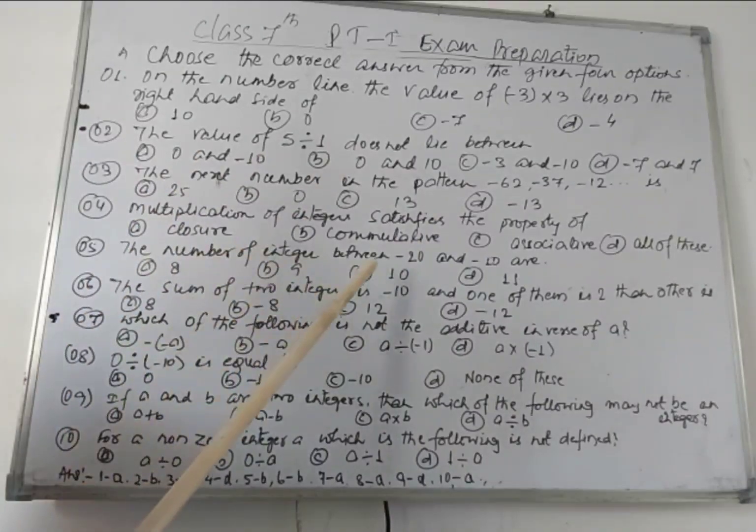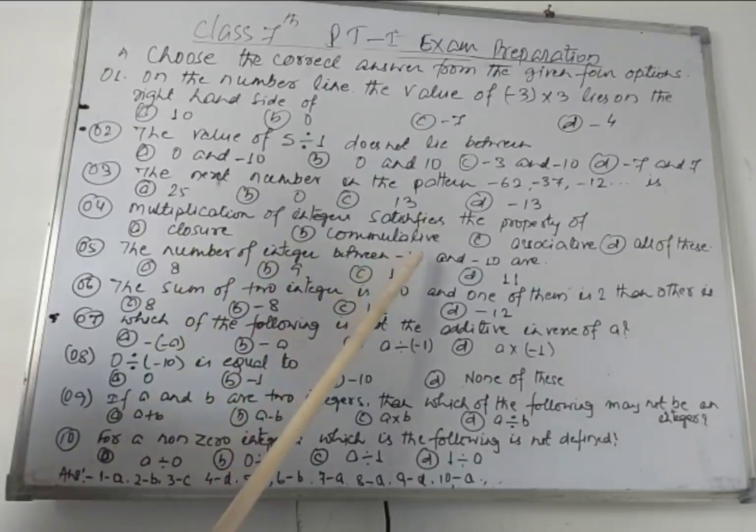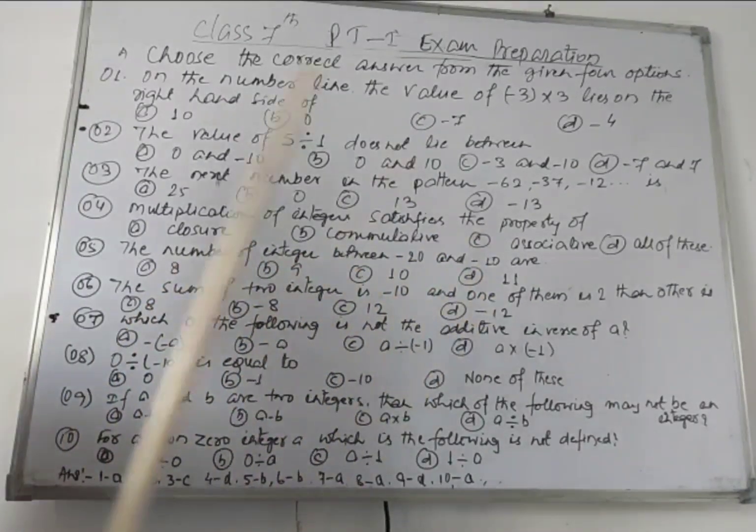Now, the question is not like this: which number is between these? This is the number of integers between these two. How many numbers lie? That is the option.